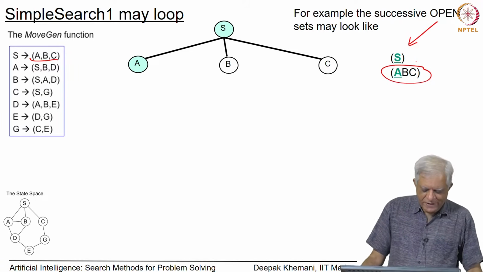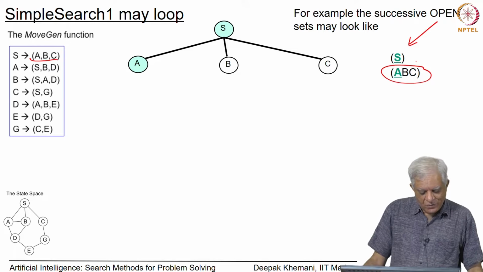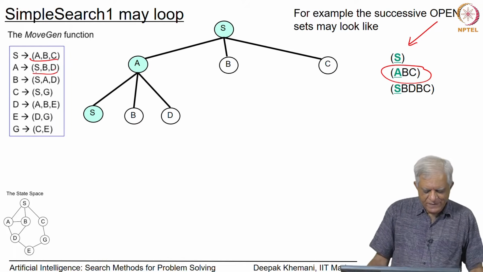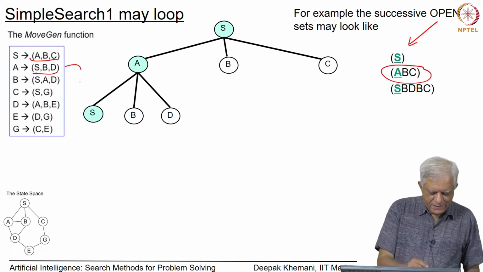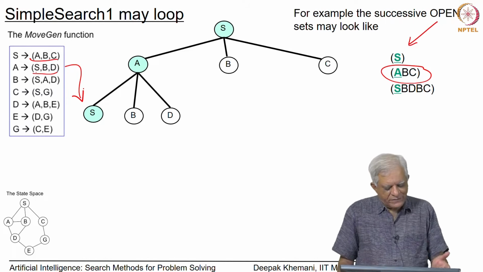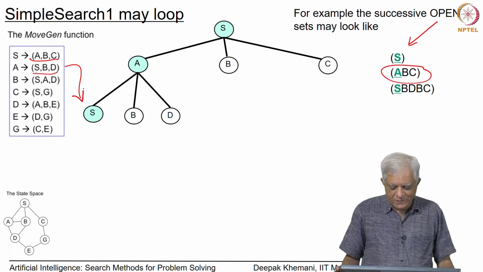So, we take the node A, test whether it is a goal or not, it is not the goal. So, we add its neighbors which are S, B and D, as you can see here. So, we add this S, B and D to the search tree, and we have all these nodes sitting on open. What is on open?